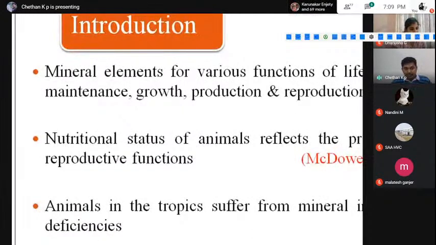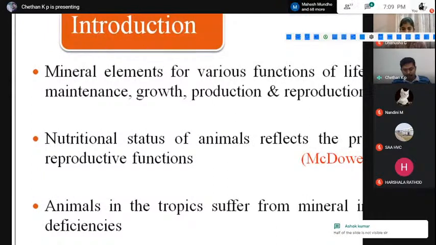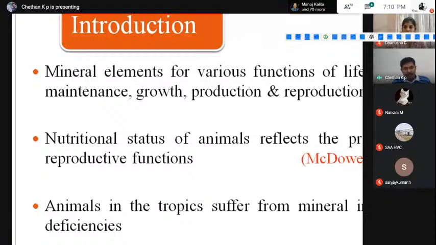Even the nutrition status of the animals reflects the productive and reproductive functions of the animals. In Indian situations or in the tropical conditions, most of our animals suffer from mineral imbalance or mineral deficiencies, either due to poor supplementation or because they are exclusively maintained only on grazing or with poor quality straws.